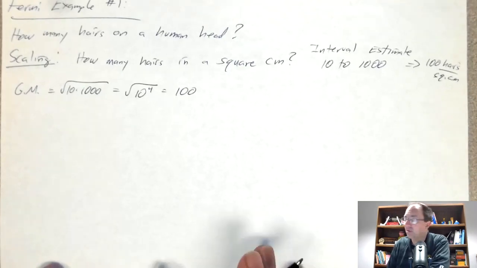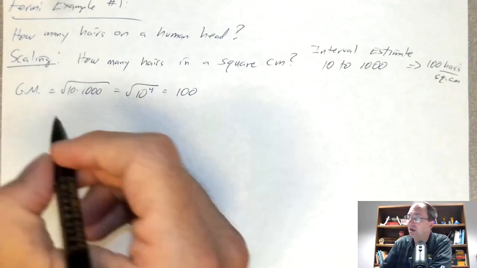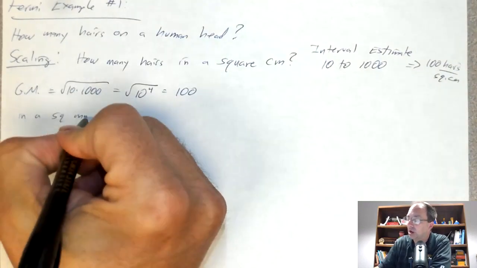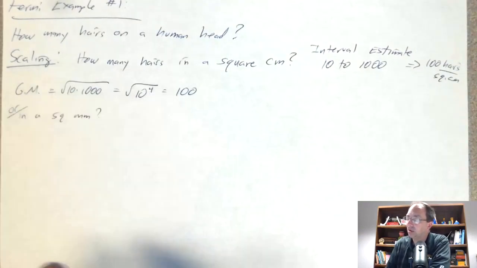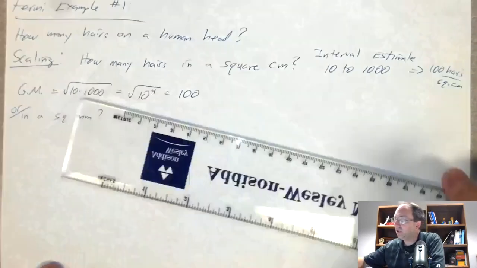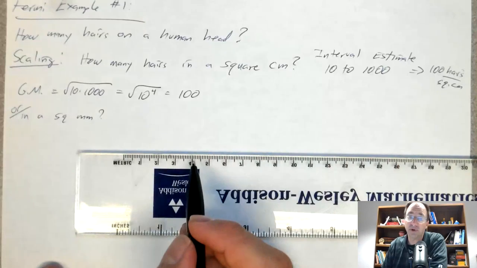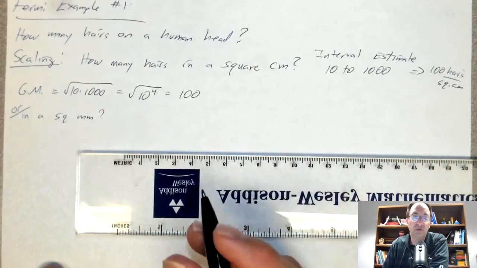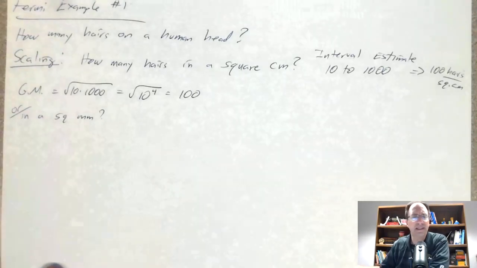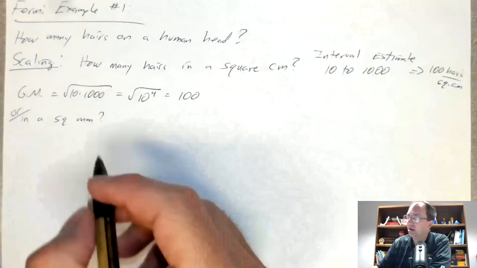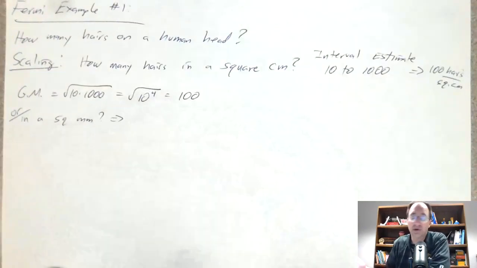Now, another way you could have thought about this is maybe how many hairs in a square millimeter. All right, and if we look at a ruler, if we've forgotten, a millimeter isn't very big, so we might even say maybe just 1. So this might be scaling a little too much, but in this case, we might feel like we can estimate this as an alternative.